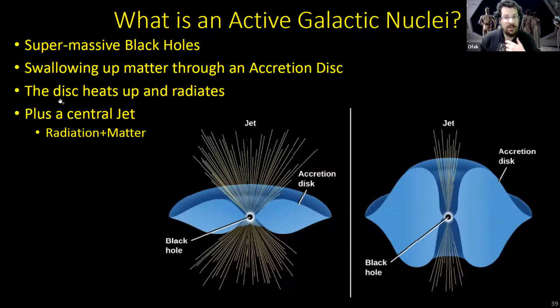There's also a jet coming from closer to the center, related to spewing out both high energy radiation and very energetic matter. These jets, because they're very fast, they're relativistic, will typically be beamed to a very, very narrow direction. And we see this.